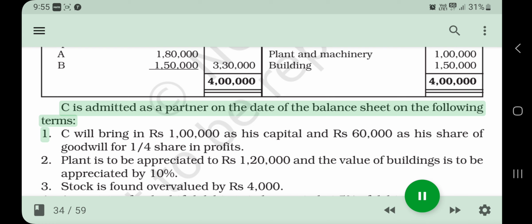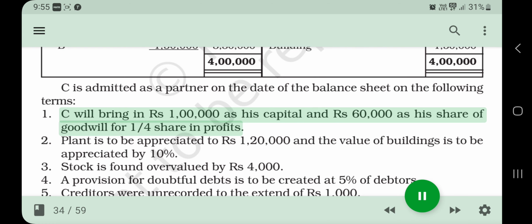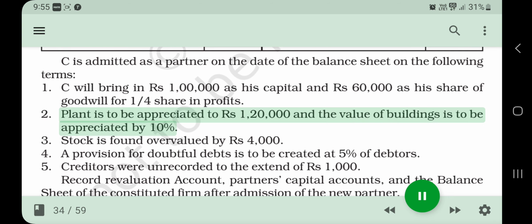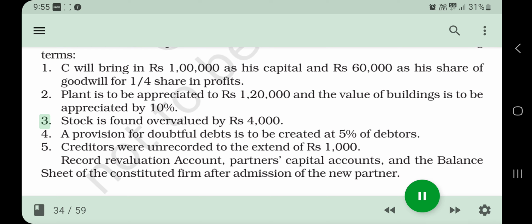C is admitted as a partner on the date of the balance sheet on the following terms. 1. C will bring in Rs. 100,000 as his capital and Rs. 60,000 as his share of goodwill for 1/4 share in profits. 2. Plant is to be appreciated to Rs. 120,000 and the value of buildings is to be appreciated by 10%. 3.